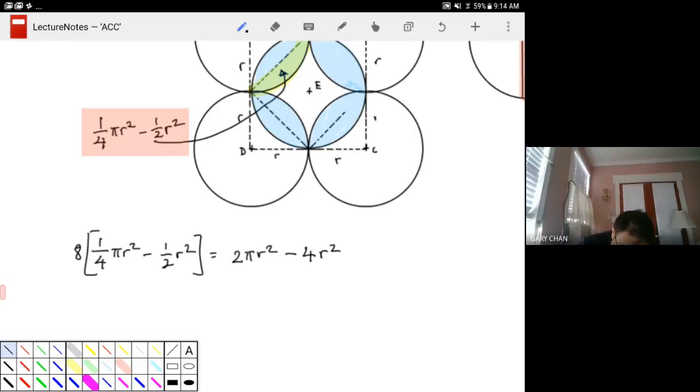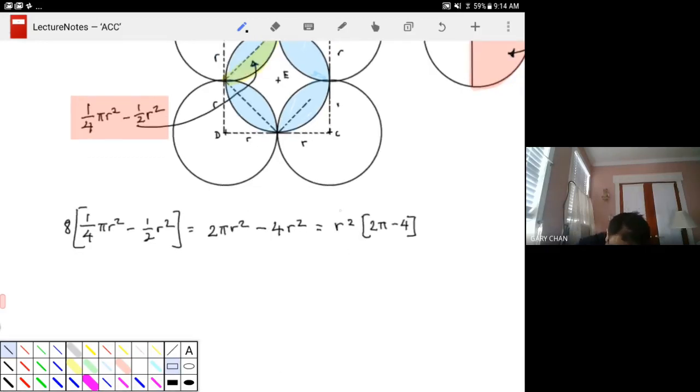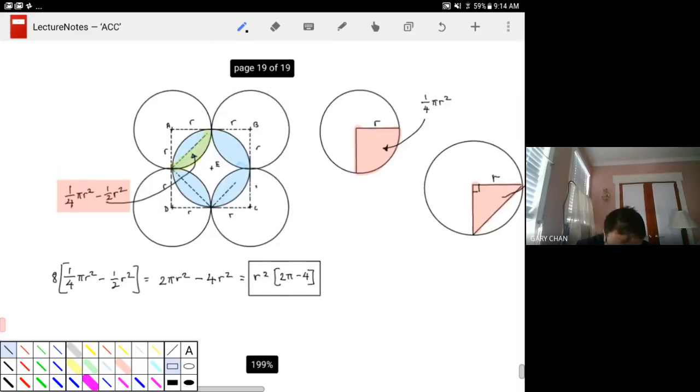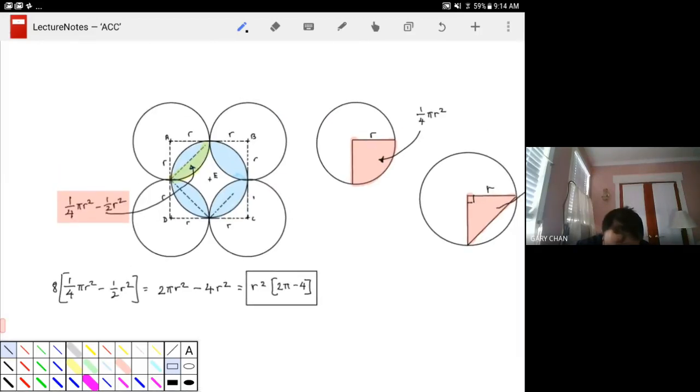R squared, that's right. So I'll separate out the variable, and what I'll end up with is r squared times 2 pi minus 4. That's our final answer, and it looks really nice, neat, and compact.